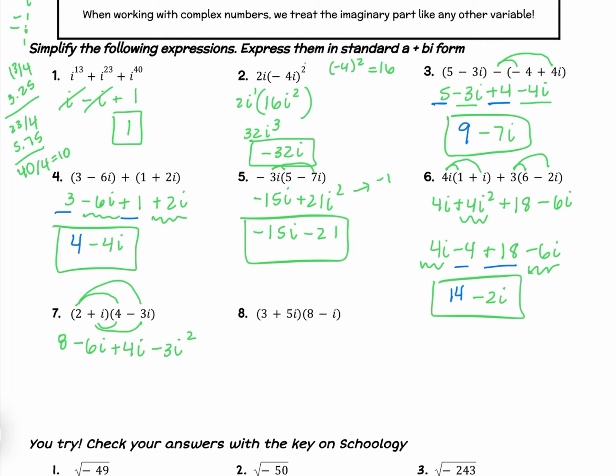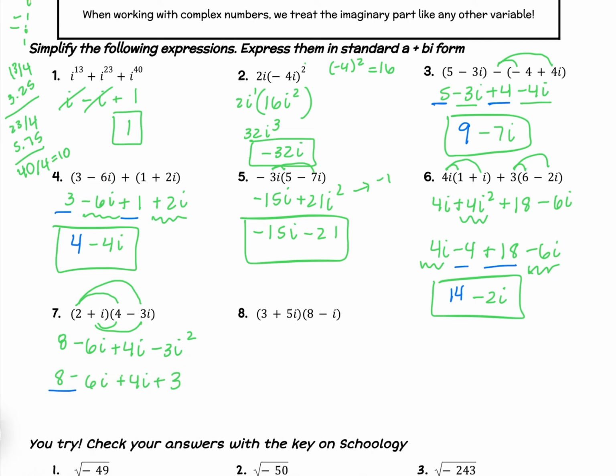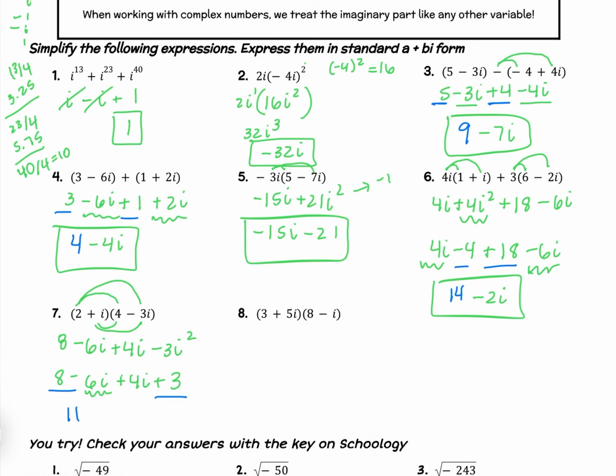All right, i squared is negative 1. So this is going to change to positive 3. So we're going to have 8 minus 6i plus 4i plus 3. And then we just combine like terms like we've done before. So we have 8 plus 3 is 11. And then we have negative 6i plus 4i, which would be minus 2i.